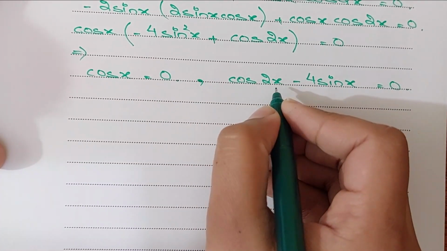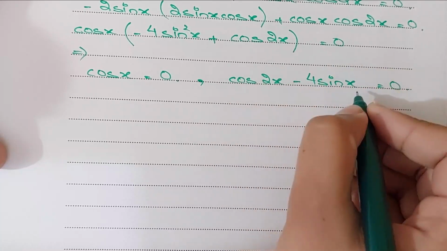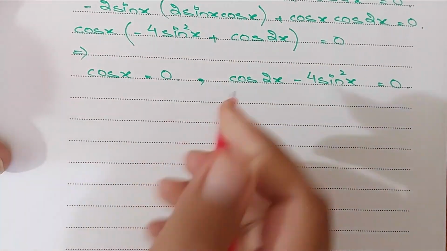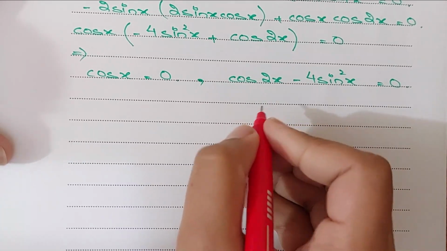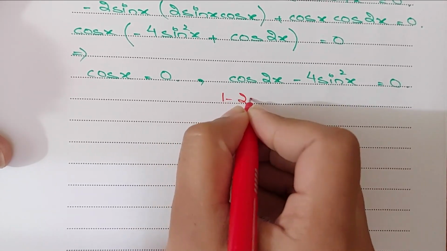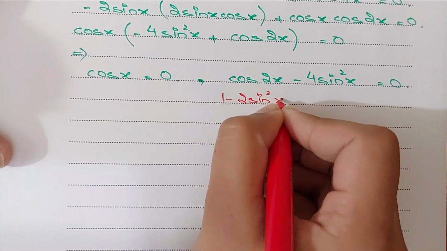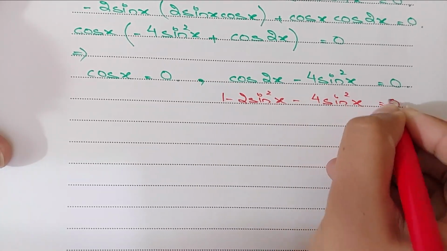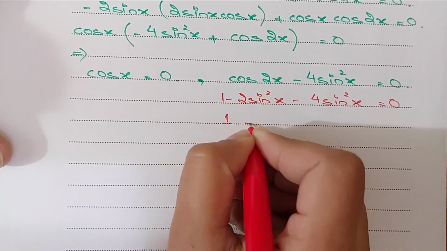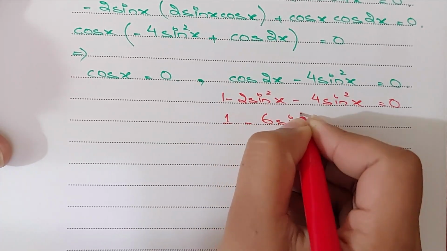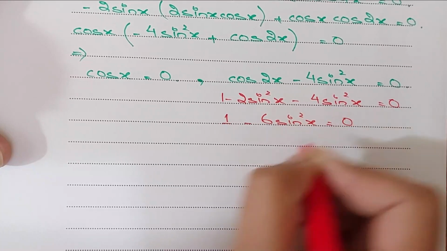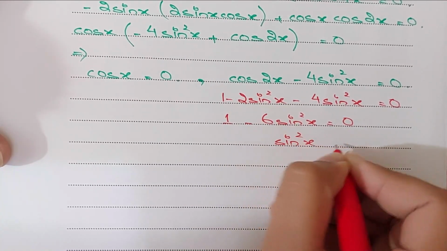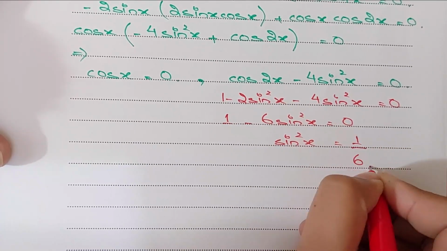So open the formula of cos 2x in terms of sine, because we have sine square over here, right? So cos 2x is basically 1 minus 2 sine square x, minus 4 sine square x. This would be equal to 0. So we have 1 minus 6 sine square x equal to 0, and sine square x would be equal to 1 out of 6, right?